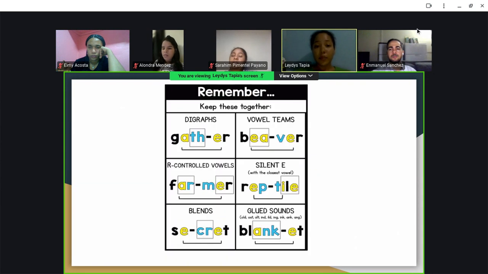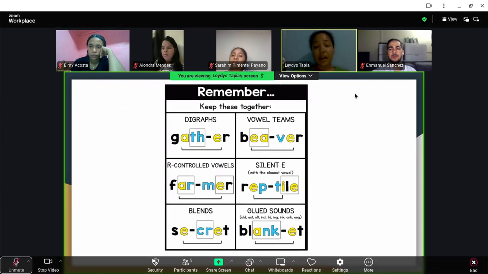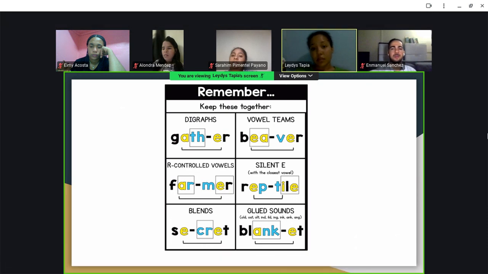Also, we have to remember that we don't divide digraphs. For example, in gather, the th, we won't divide it. Or vowel teams, as in beaver. We don't divide those. Or r-controlled vowels, those are to be kept together.